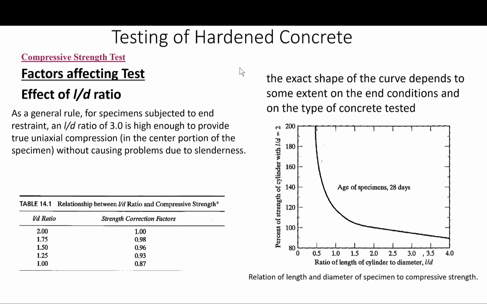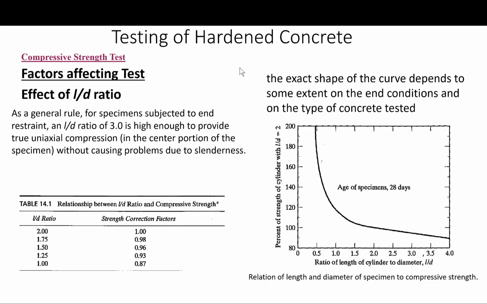It has been found that high strength concrete is less affected by variations in specimen geometry. As a general rule, for a specimen subjected to end restraint, an L/D ratio of 3 is high enough to produce uniaxial compression in the center portion of the specimen without causing problems of slenderness.